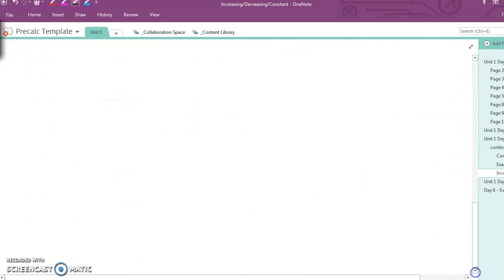Then we also have something called a relative minimum and a relative maximum.